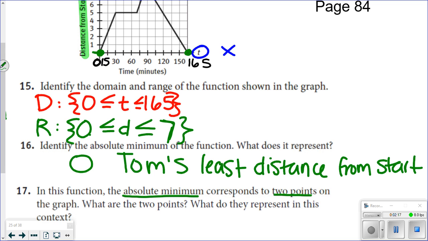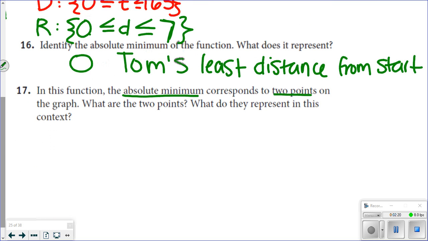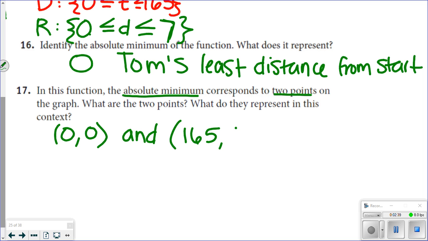Let's write those as ordered pairs. The first one is our y-intercept, it's (0, 0). That's the absolute minimum as well. And the next one occurs, what's that x value? The greatest time was 165, so (165, 0).